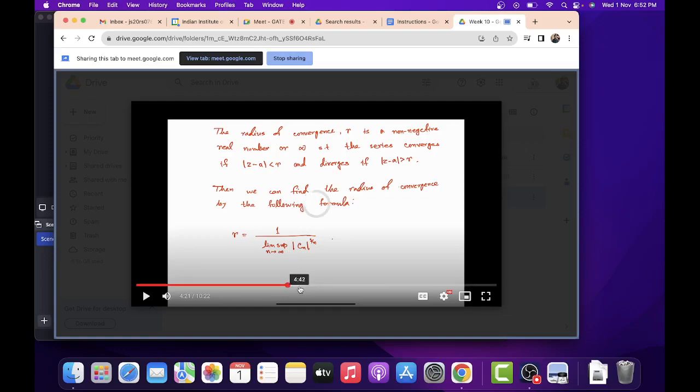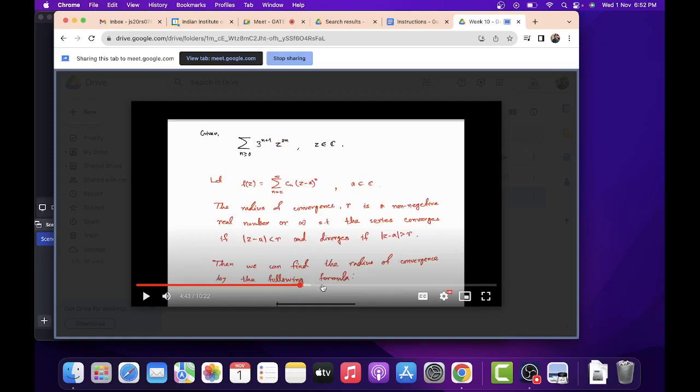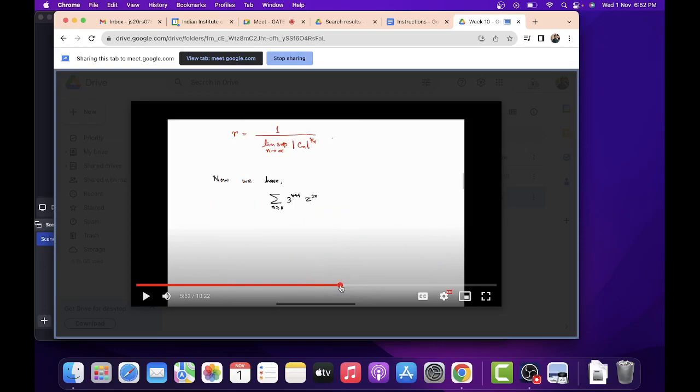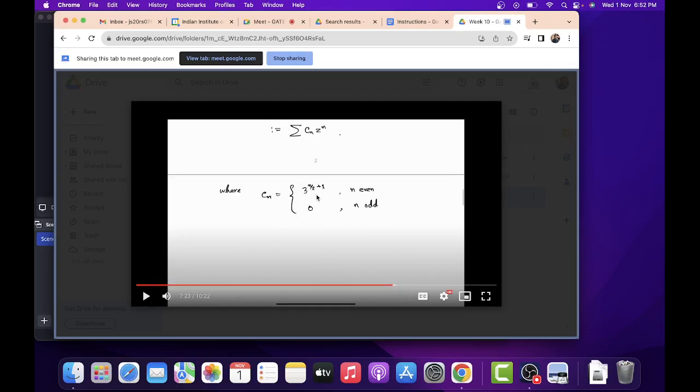Because in this case sometimes the sequence may not be convergent, so you have to take the lim sup of that sequence, because there are two limits, 0 and 3 to the power, and that gives root 3.